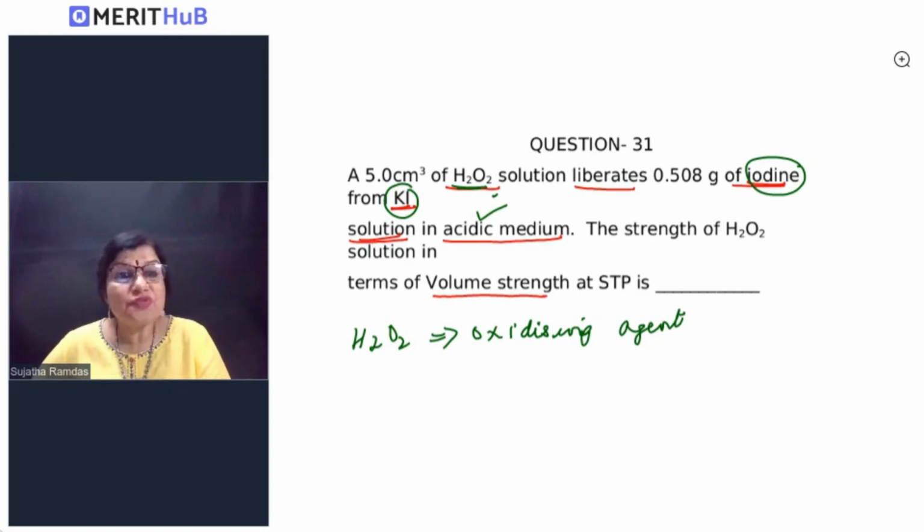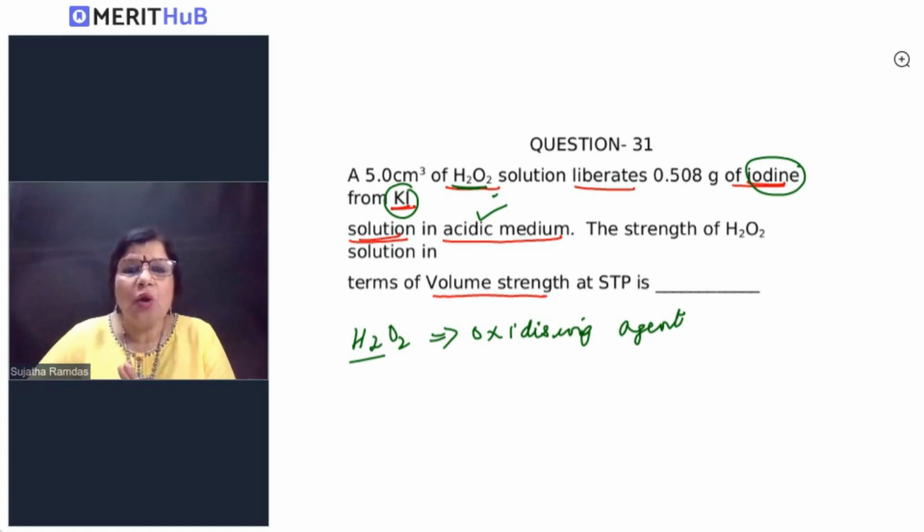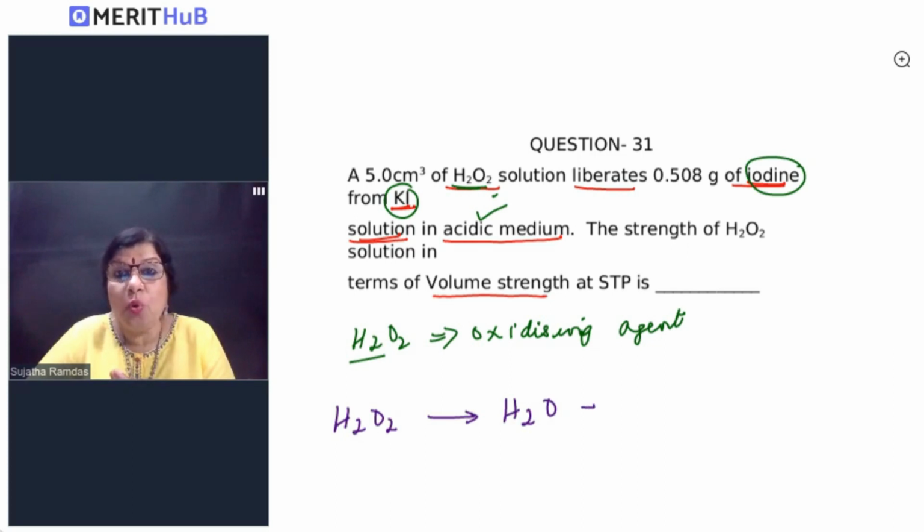Instead of trying to memorize the whole equation, which involves a reaction between hydrogen peroxide, potassium iodide, and an acid, an easier way would be to quickly understand how that final reaction can be obtained. In a very simple manner, this is how you can deduce the redox reaction. We know that hydrogen peroxide is getting reduced, so it gets converted to water plus nascent oxygen.